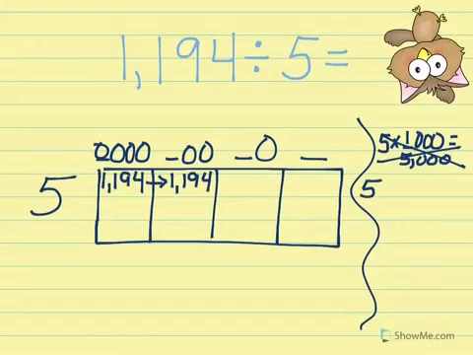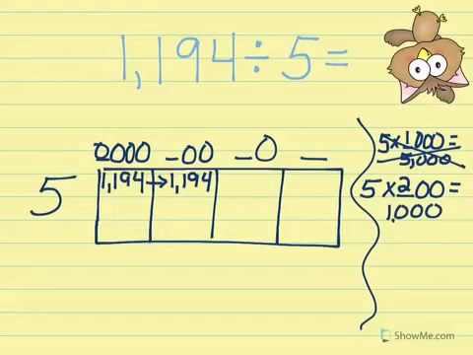I'm going to think 5 times how many hundreds gets me close to 1,194. Well, if I start out with 5 times 200, that's 10 with 2 zeros. So that's 1,000.